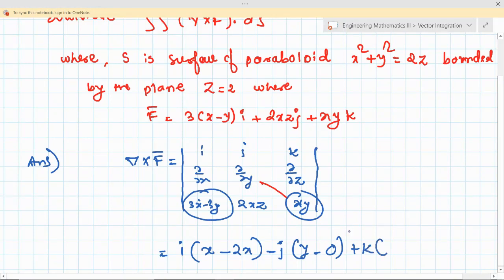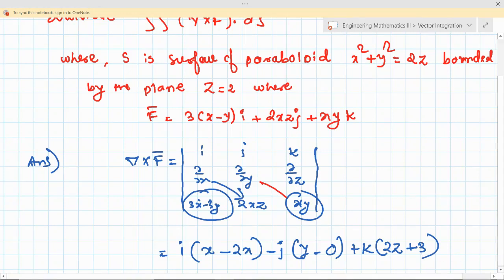For k, the partial derivative of 2xz with respect to x is 2z, minus the partial derivative of 3x minus y with respect to y, which is minus 1, and minus minus becomes plus.